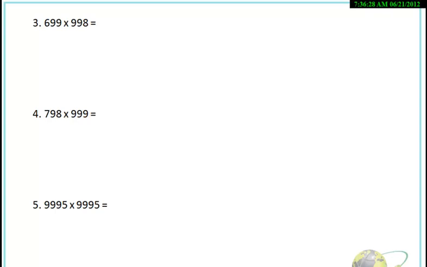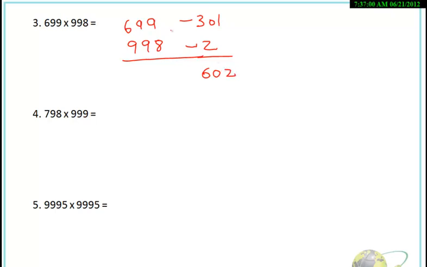Now let's take another example, 699 into 998. Okay, 699, that is 700 is 300 less than 1000 and it is 699, so it is 301 less than 1000 and 998 is minus 2. 301 into 2 will give us 602 and from this subtraction we'll be getting 697. 699 minus 2, we will get 697.